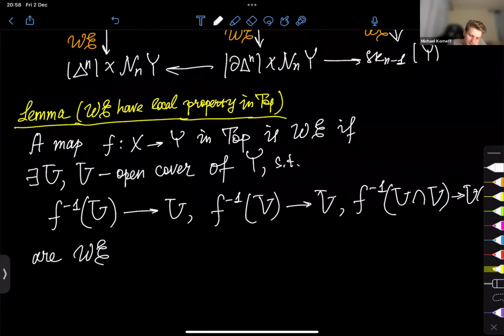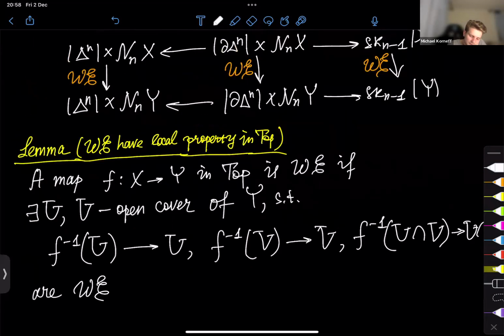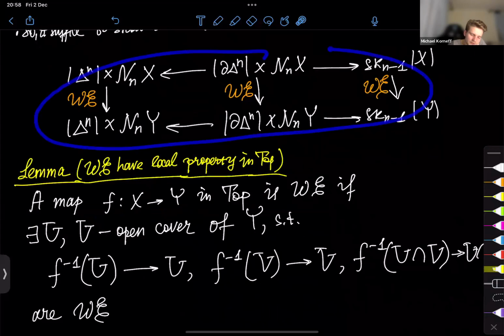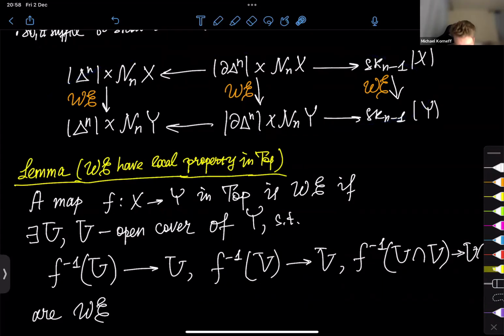And applying this lemma to the case of the following diagram, we conclude that the push-outs are weakly equivalent.